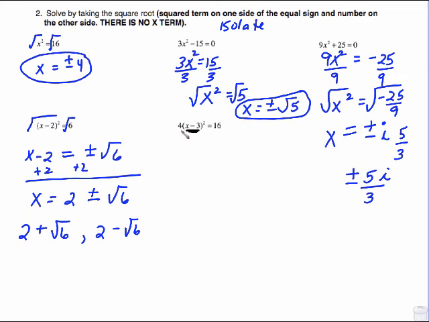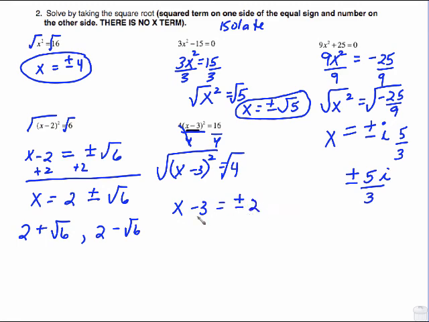Similar here, to get this alone, remember we must isolate. Divide both sides by 4. Gives us x minus 3, quantity squared equals 4. To undo the squared, we take the square root of both sides. Because we took the square root to solve, we have a plus or minus. The square root of 4 is 2. Now, I need to get this x alone and add 3 to both sides.